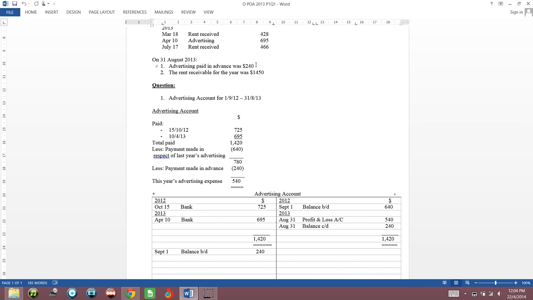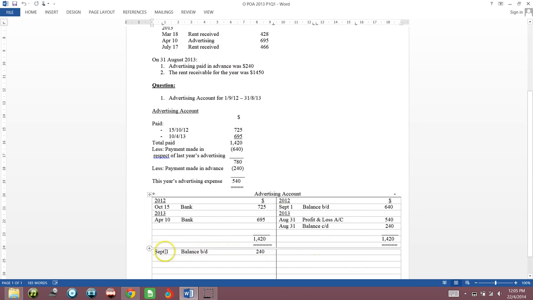So I can think of it in such a way that SPH owes me 240. That means SPH is something like my debtor. Directly or indirectly, they owe me 240 because I paid the advertising in advance. So they owe me their services.